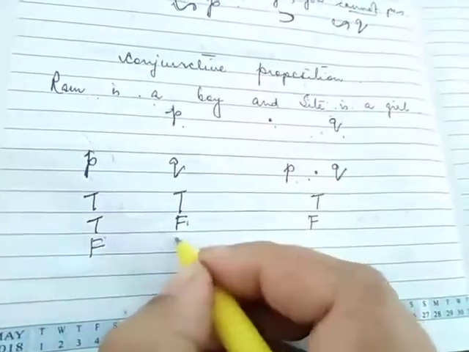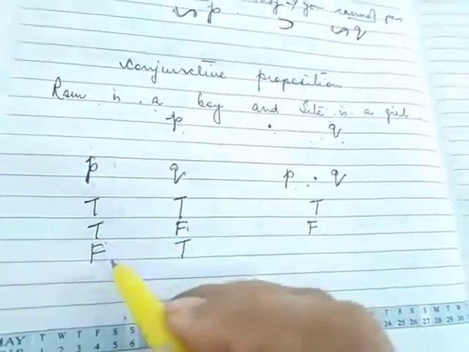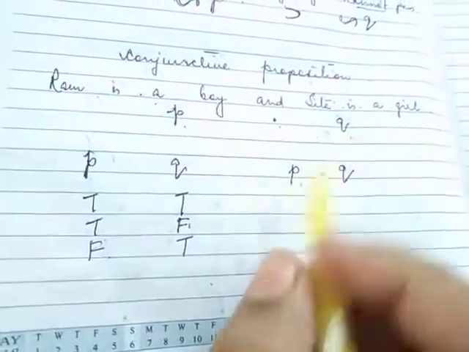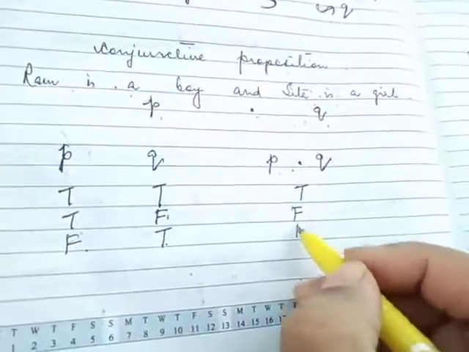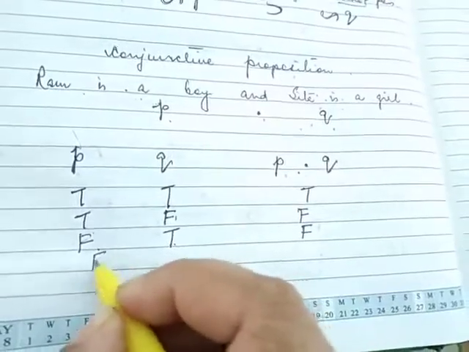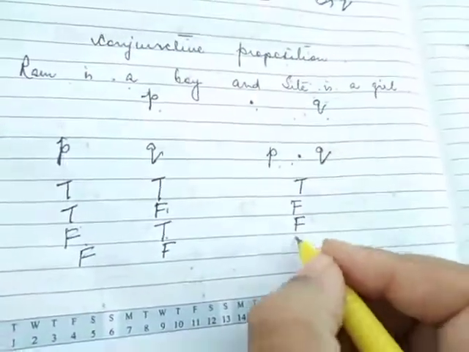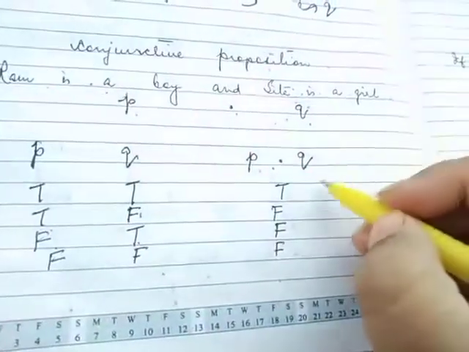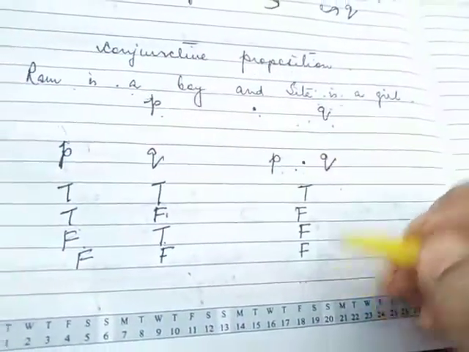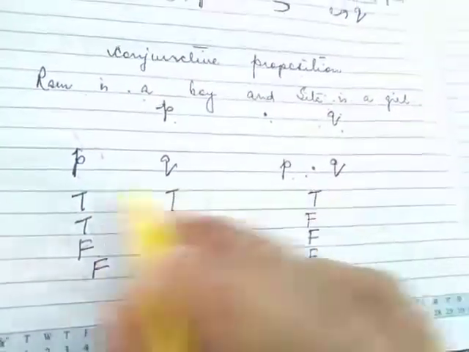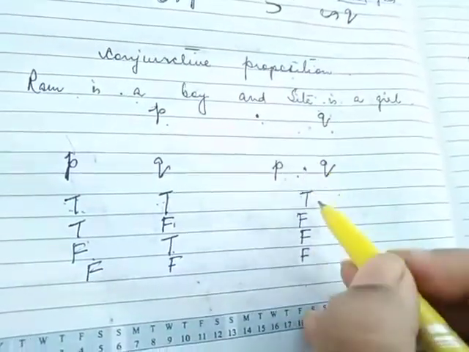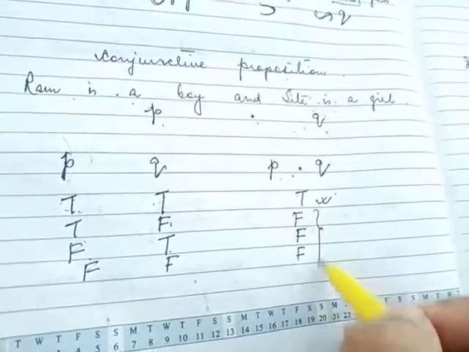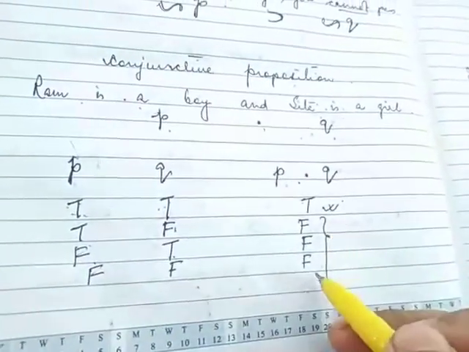Again, if Ram is a boy is false, but Sita is a girl is true, then also the whole sentence will be false. And if both the parts are false, the whole sentence is automatically false. So in this conjunctive function, what we have to remember is that if both the conjuncts are true, then the conjunctive function will be true, and in all other cases, it will be false.